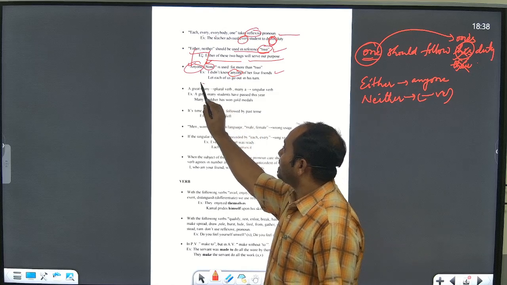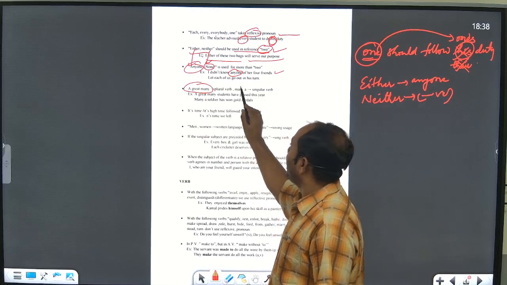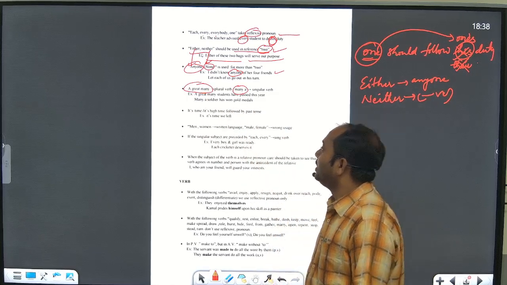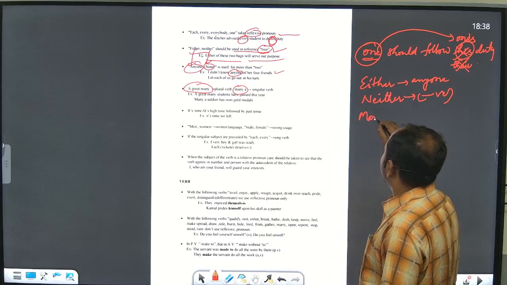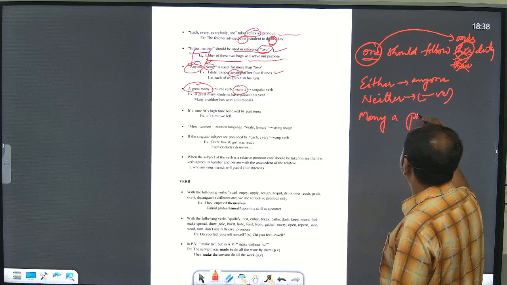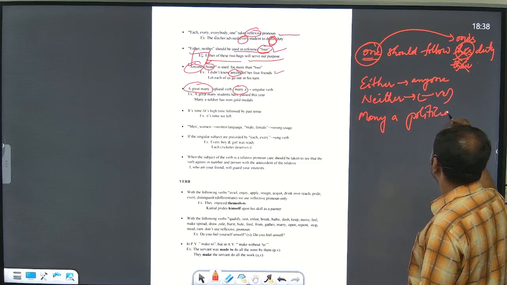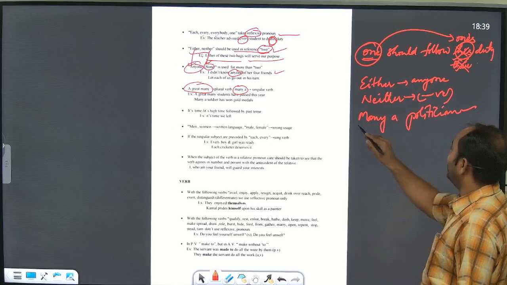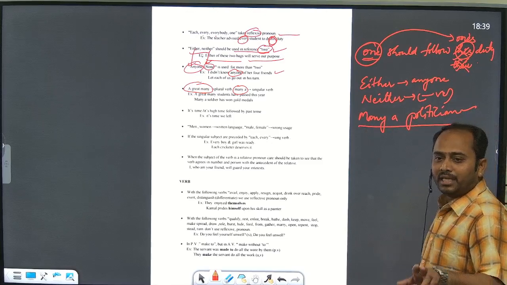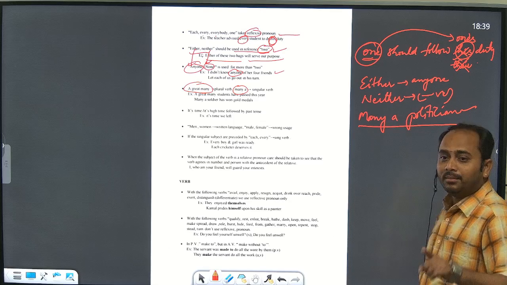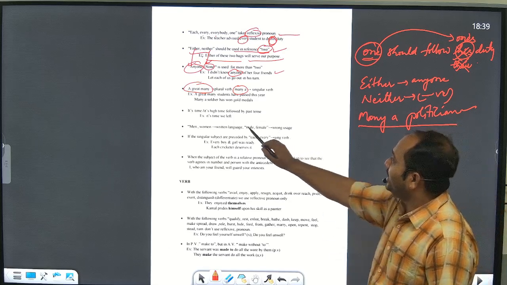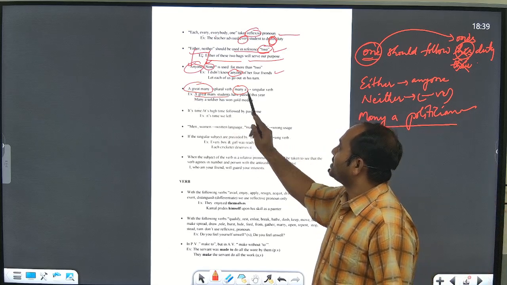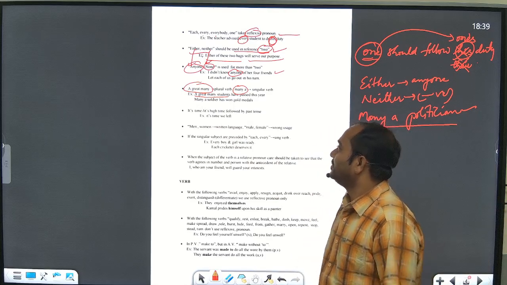Next, there are certain words, a great many and many a. Many a politician, indicating a plural word actually. Many a politician looks like as a singular, but it is a plural. Same way, a great many students, it is always a plural.